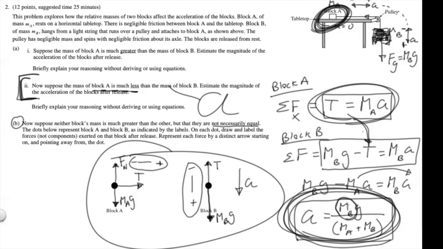If mass of B is large, that gives us a big numerator, and mass of A is small. It appears in the denominator being added to the larger mass. So that's going to lead to a bigger acceleration. Okay.